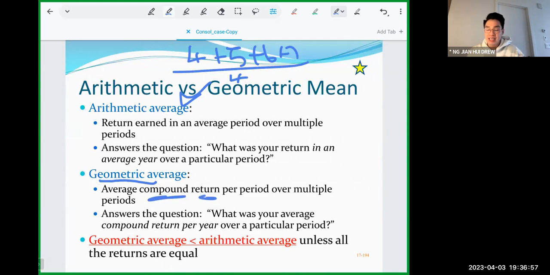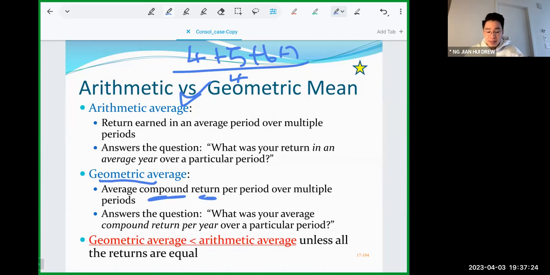Remember last lecture, we talked about how we cannot use simple interest; we always use compounded interest. That's why we learn time value of money. Because compounding can drive up the interest, if we compound it for, let's say, 100 years. I think we looked at the example of Manhattan Island last lecture.